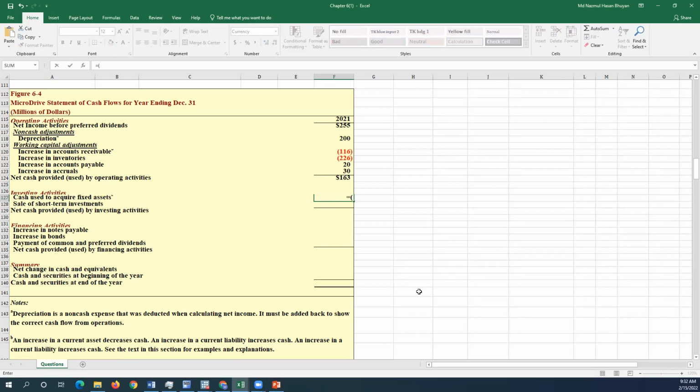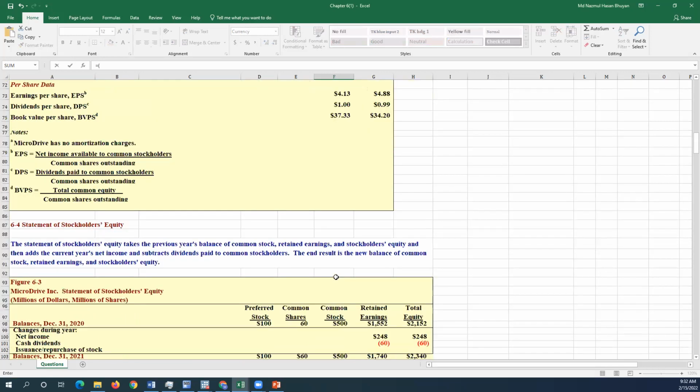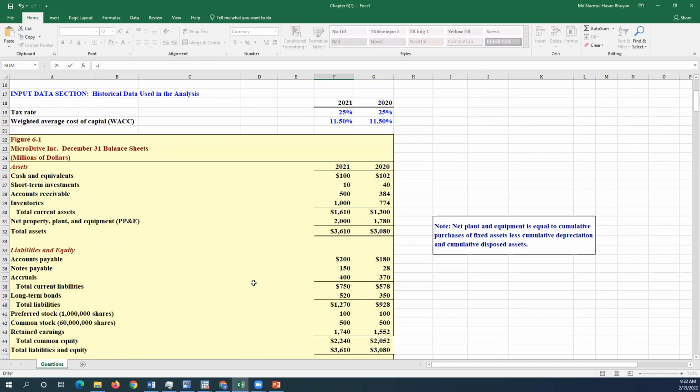Now let us calculate the ending value of our total fixed assets in the year 2021. You can see we have here net PPE $2,000, but net PPE is not the ending balance or real cost for our PPE by the year 2021.